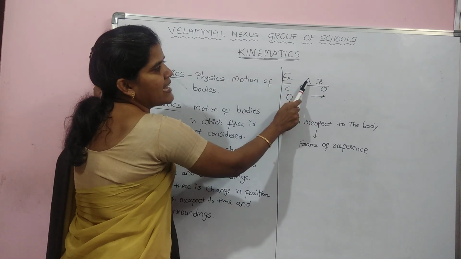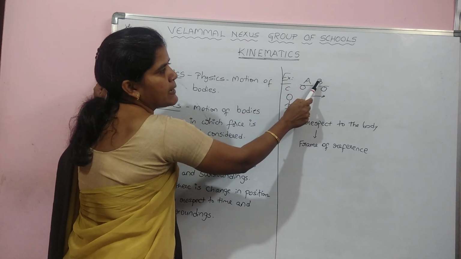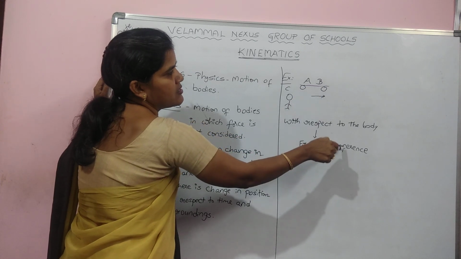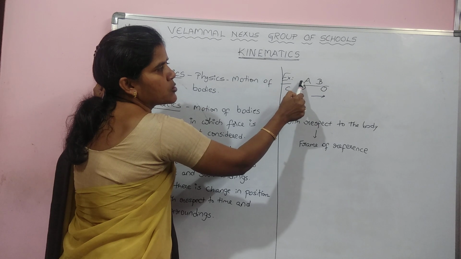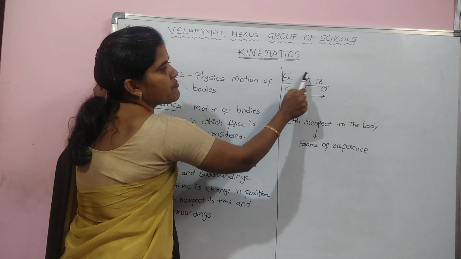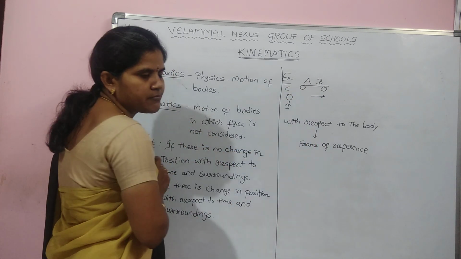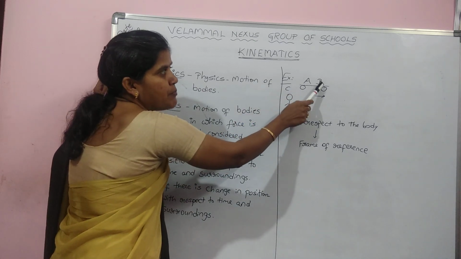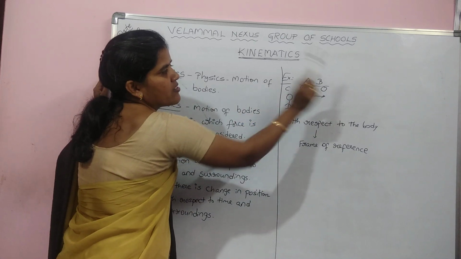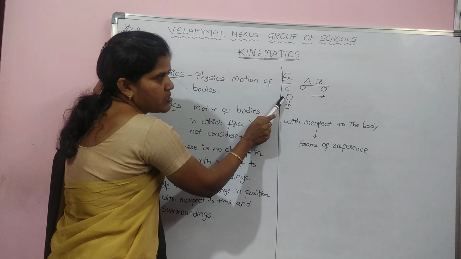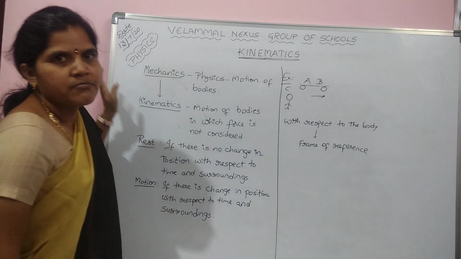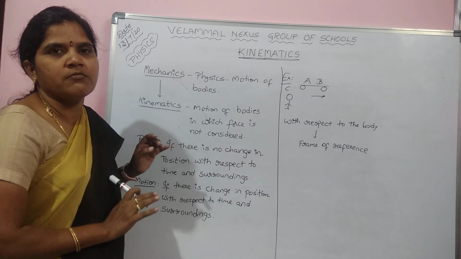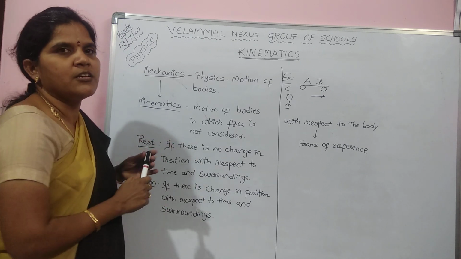That means A is in rest with respect to B, B is the frame of reference. B is in rest with respect to A, then A is the frame of reference. A and B are in motion while the train is moving with respect to C, then C is the frame of reference. I hope it is clear, children.